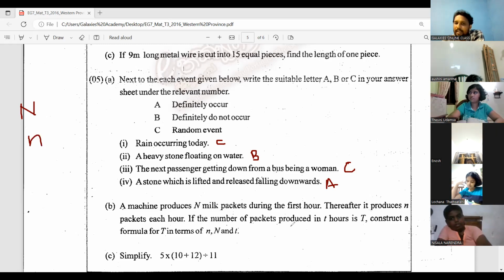If the number of packets produced in simple t hours is capital T. ඒ කියන්නේ simple t කියන පැය ප්‍රමාණය තුල capital T කියන ප්‍රමාණයක් packets produce වෙලා තියෙනවා. Right? T means total number of packets.